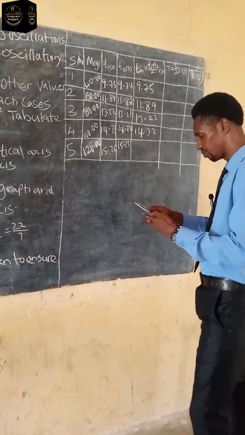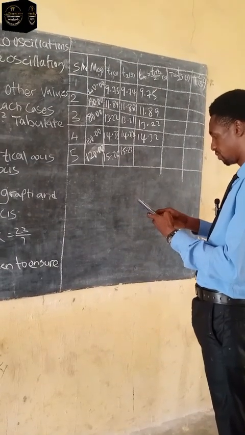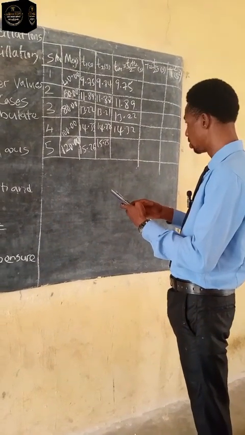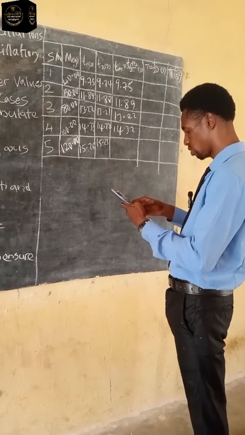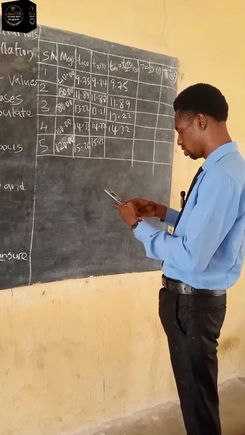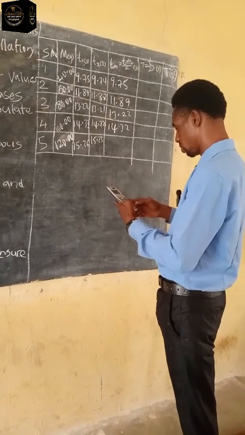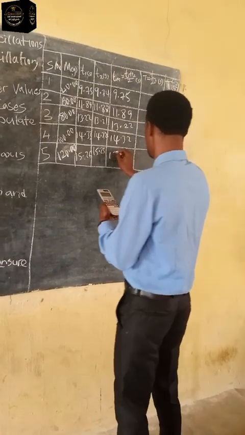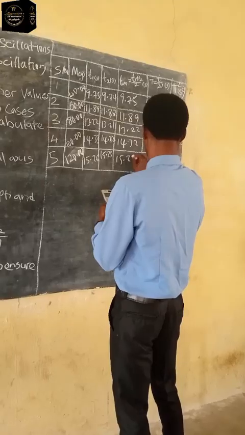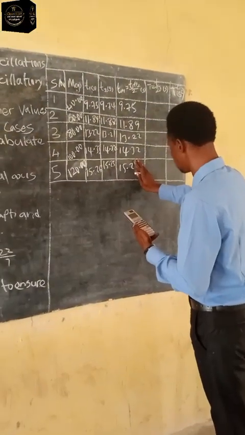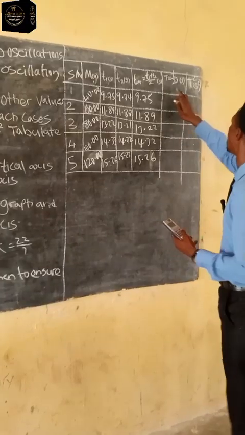So I'll do for the last one, which is 15.26 plus 15.25, equal to this divided by 2. That will give me 15.26. So now I want to get 20 oscillation.